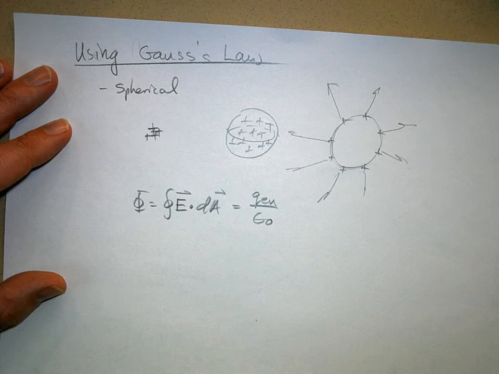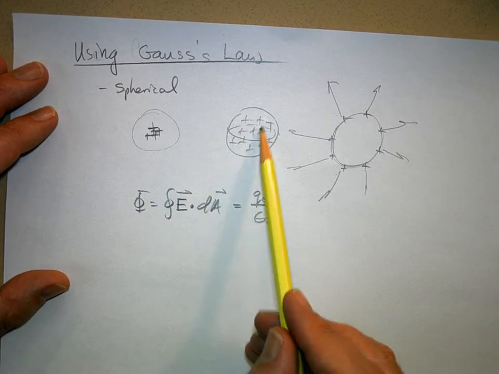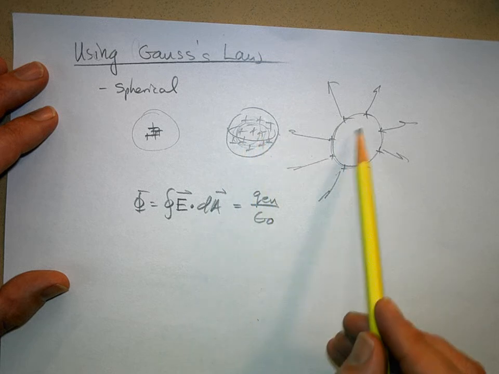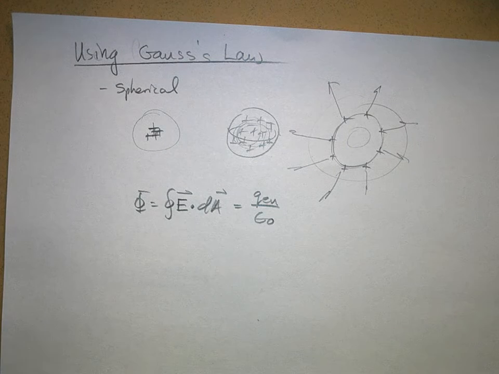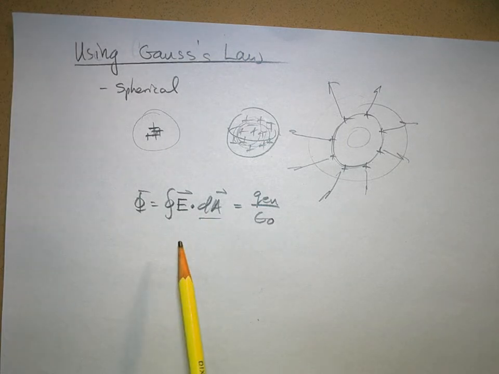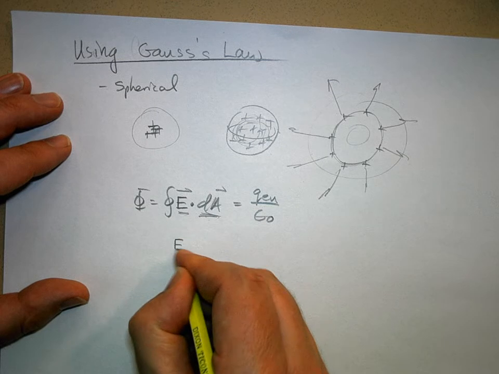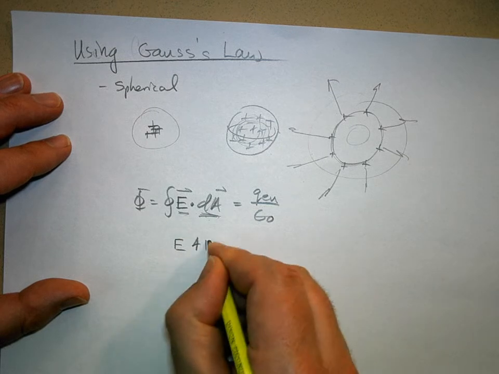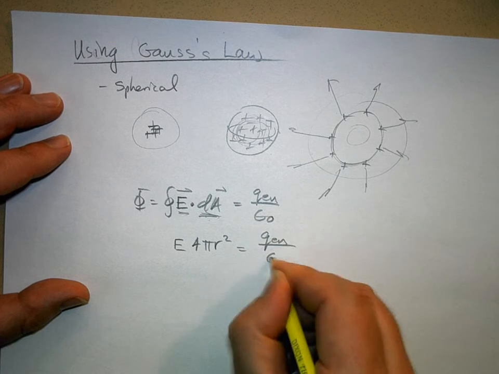You're always going to surround your Gaussian surface, the surface you use to measure the amount of electric field or flux, so that this area is always chosen so that E is a constant. So this is always going to be E times 4 pi r squared equals Q enclosed over epsilon naught. Now what's hard? Figuring out what the charge enclosed is.